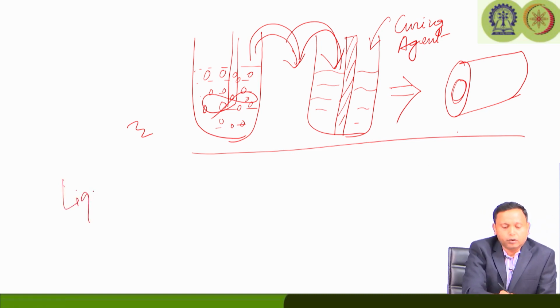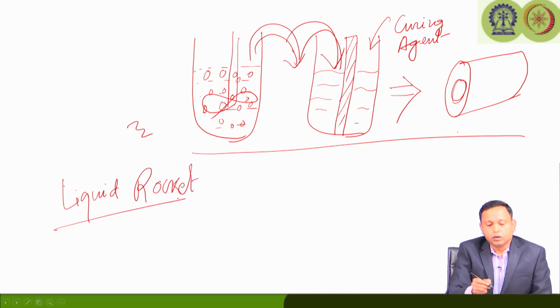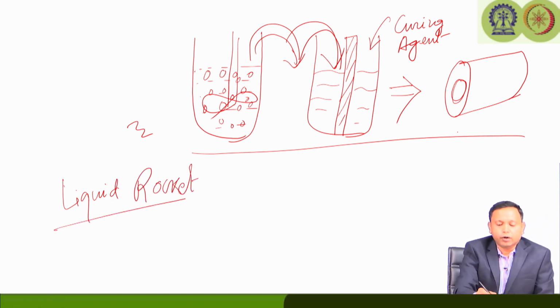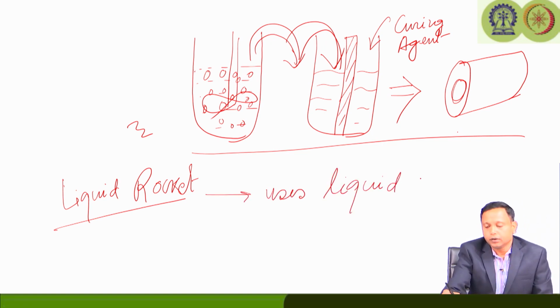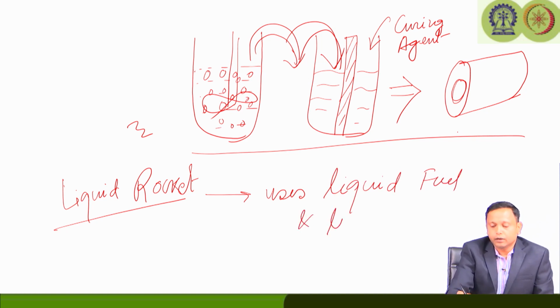How does the liquid rocket look like? As the name suggests, a liquid rocket uses liquid fuel and liquid oxidizer.